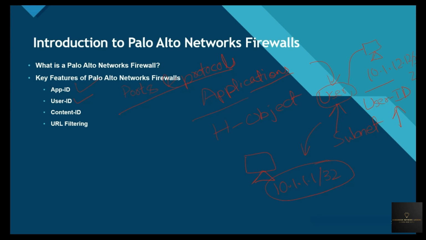All the rules that apply to this user would apply across the board, wherever this user logs in using his user name and password, all the credentials. So that is User-ID.